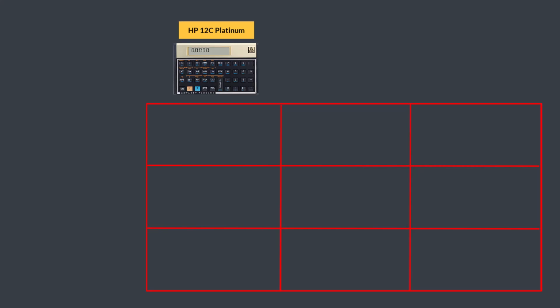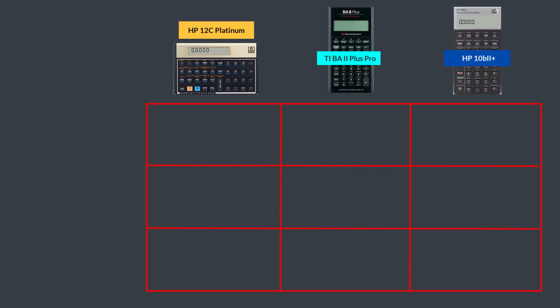Returning to the topic of focus in this video, I'll be showing you how to use your actual calculator model, either the HP12C or the BA2 Plus or the HP10B, to develop 3 fundamental skill sets in finance. Firstly, 5 key TVM calculations involving things like present value and solving for a rate of return.